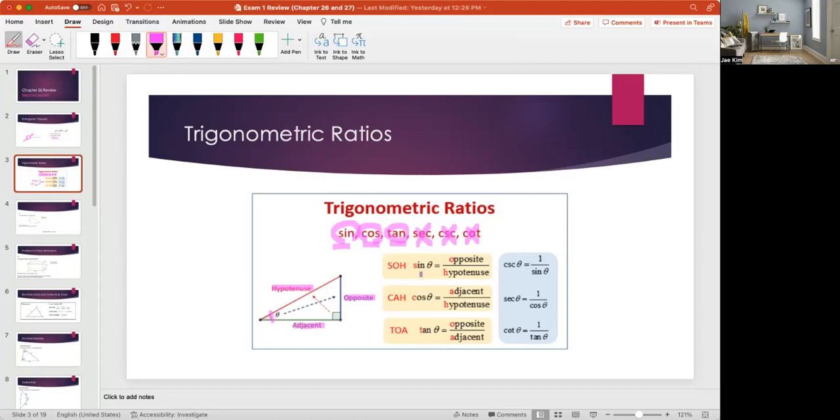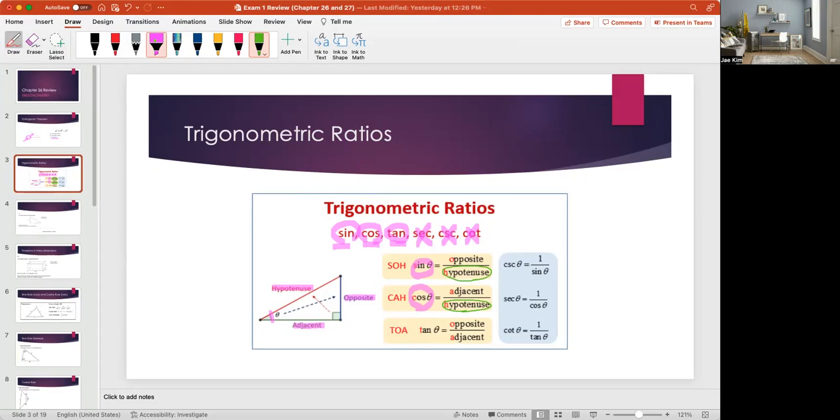So for sine theta, it is opposite over hypotenuse. For cosine theta, it's adjacent over hypotenuse. And you need to note that hypotenuse is always at the bottom, on the denominator side, for cosine and sine.